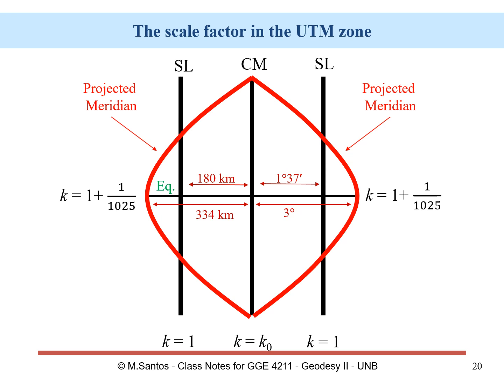The distance from the central meridian to the very end of the zones along the equator is 334 kilometers, and we can see it decreases until 0 at the poles. In angular terms, it corresponds to 3 degrees.